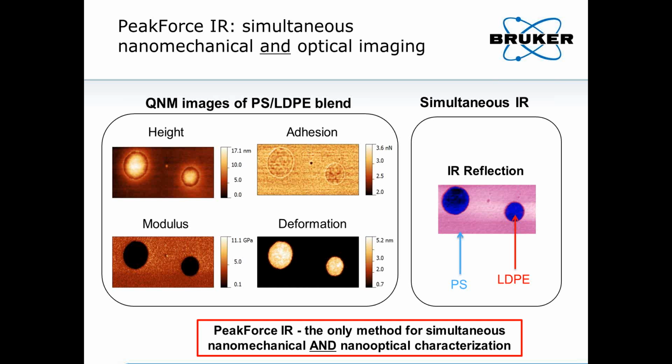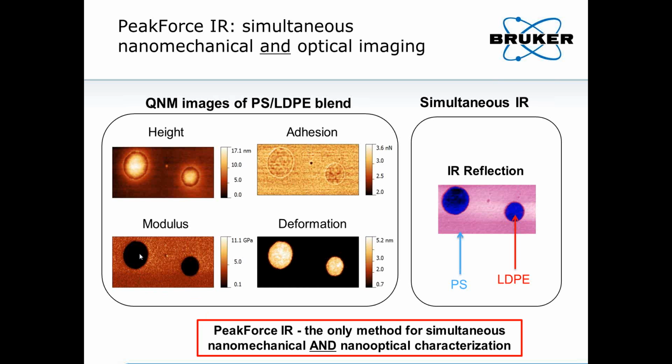For instance, from the nanomechanical channels in PeakForce QNM, it's possible to obtain quantitative readouts of the modulus, the adhesion, or deformation, which give you nanoscale information about the mechanical properties of these different materials.